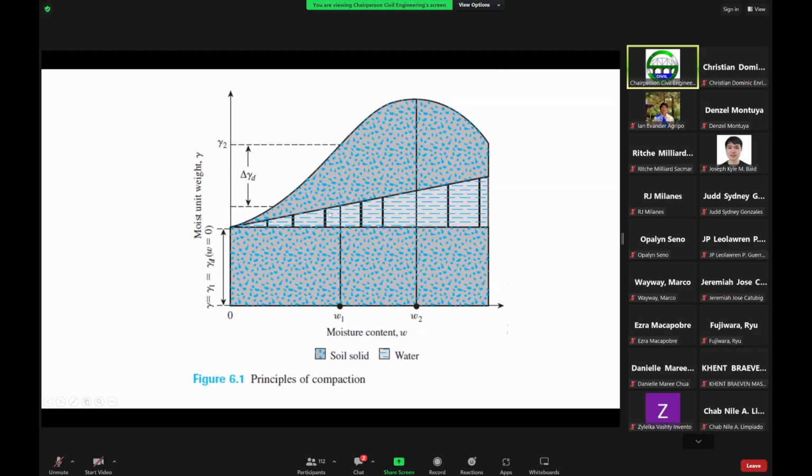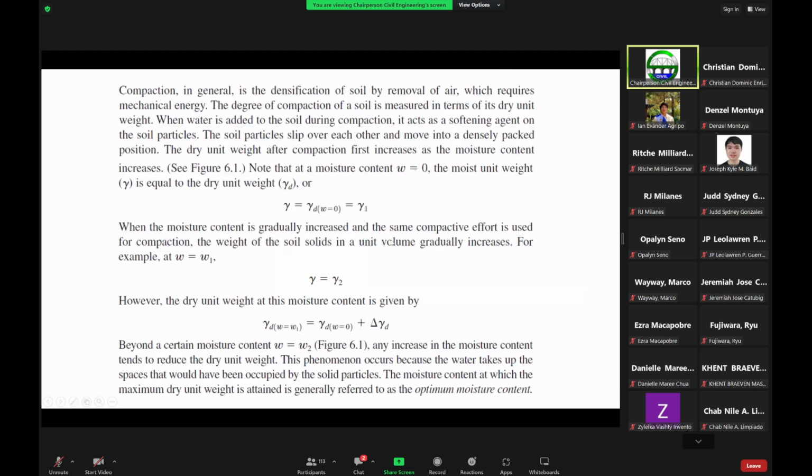The change from this point up to this level here in the moist unit weight is now the change in the dry unit weight from the initial dry unit weight at moisture content equal to 0.